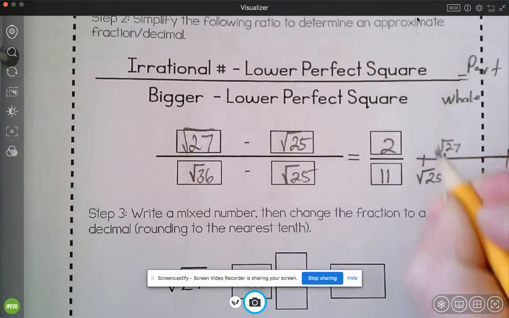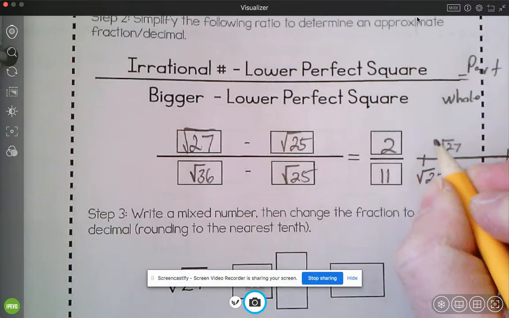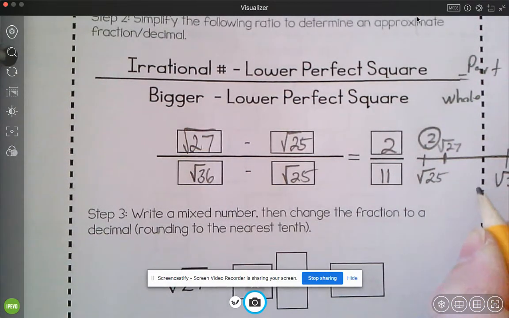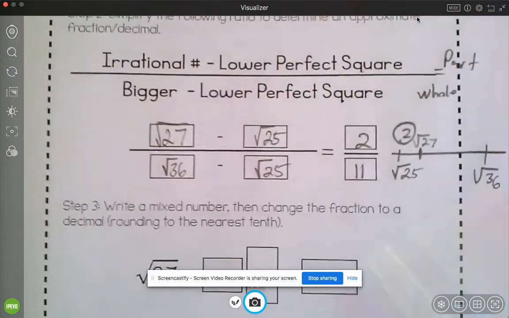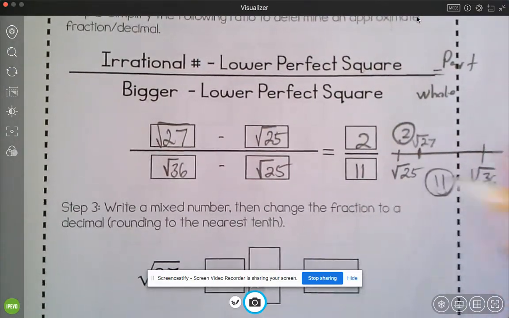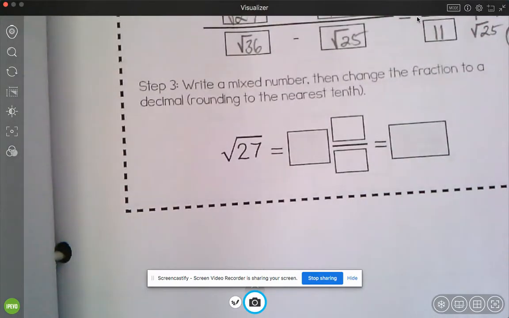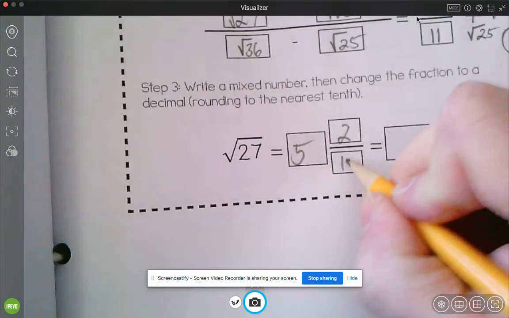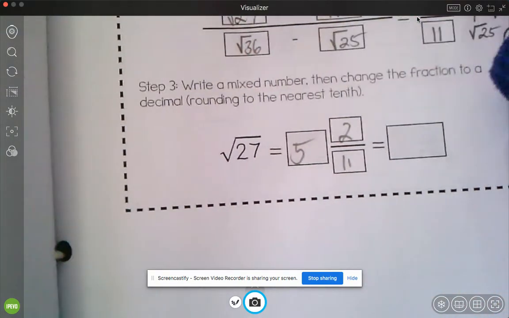So what you're dividing is the little 2 divided by the whole distance apart, which is 11. So your answer is going to be 5, and the fraction is 2/11ths, but we need to change that to a decimal.